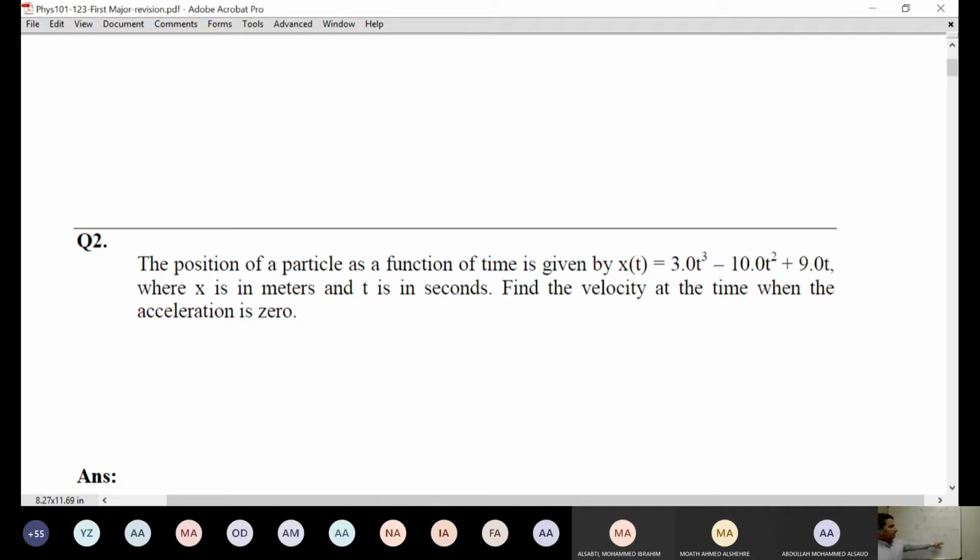So 20 by 18 seconds is the time. Now we need to determine the velocity. All we are going to do is put this into the velocity expression: 9 times (20 divided by 18) squared minus 20 times 20 by 18 plus 9. Whatever you get will be our answer.